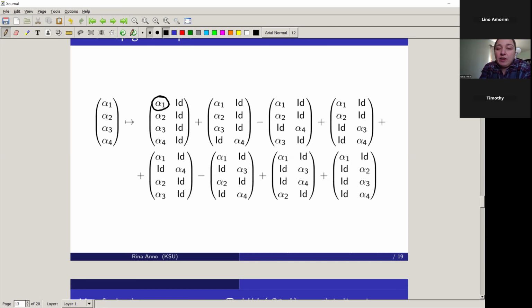So for example, here we have alpha 1 identity, alpha 2 identity, but then in the third row, we have identity alpha 4, and then alpha 3 identity. Now, if we read the numbers of alphas from the top down, we get a permutation. And this summand comes with the sign of this permutation. So these are explicitly what the maps F and G look like.